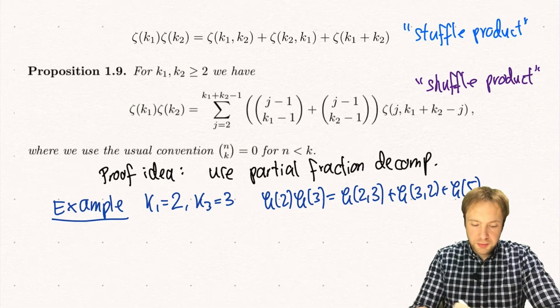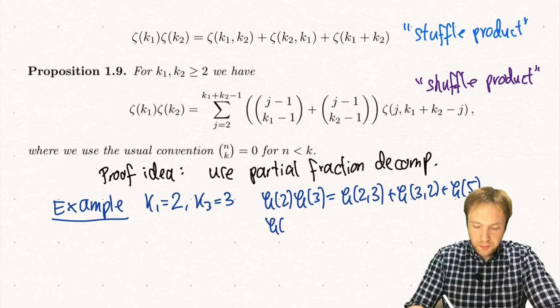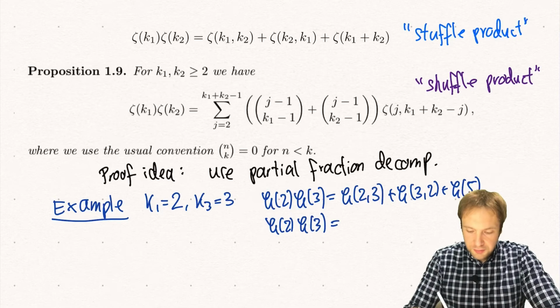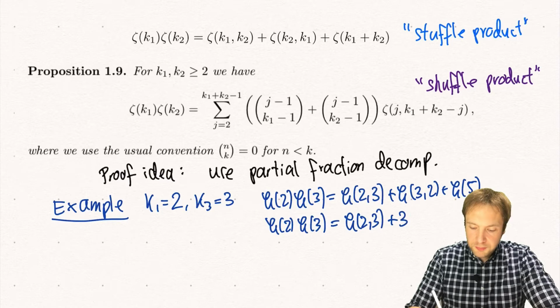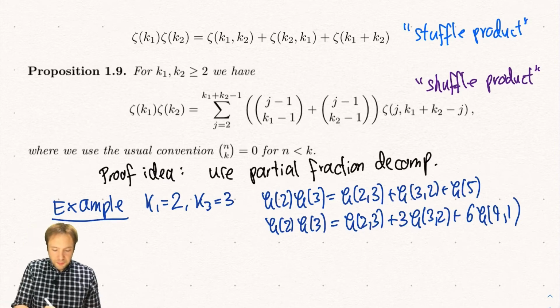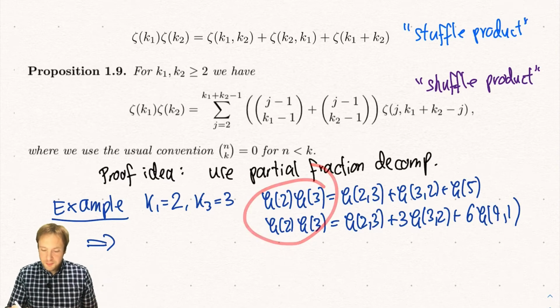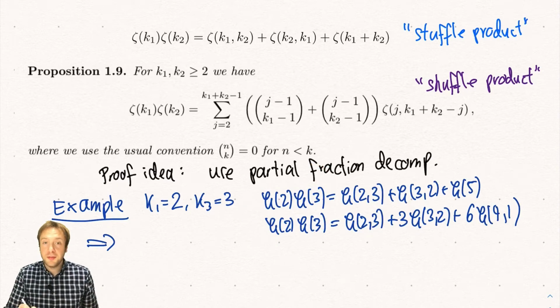And the shuffle product, so this formula here, if you would work this out, you would see that this product here is zeta 2 3 plus 3 times zeta 3 2 plus 6 times zeta 4 1. And in particular, because the products are the same, we also see that these right-hand sides are the same, and this gives a linear relation.